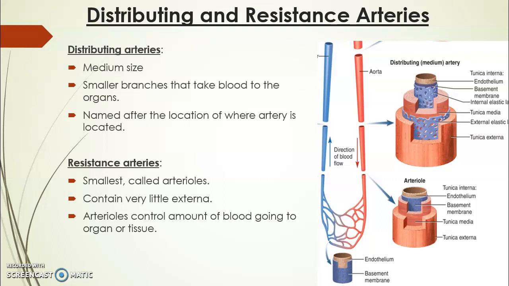So if we look at the renal arteries, we're going to know that they're going to branch off of the aorta, and then extend into the kidneys and feed the kidney tissue. Resistance arteries then are going to be those even smaller arterioles that are going to, again, be our residential roads that are going to feed more tissue.